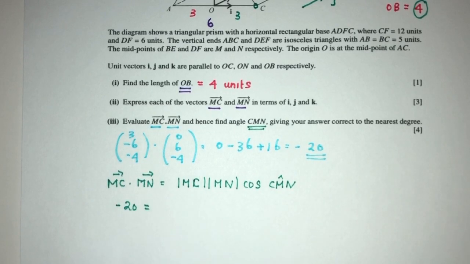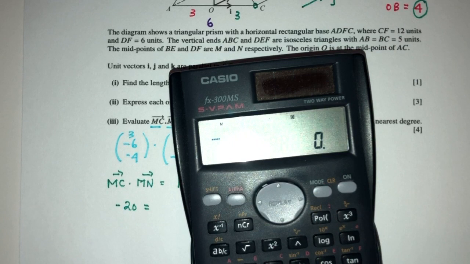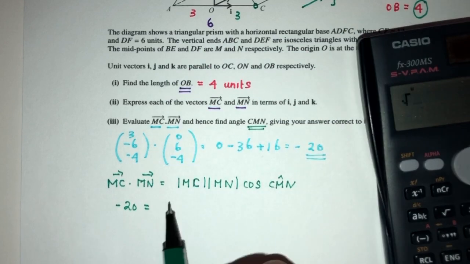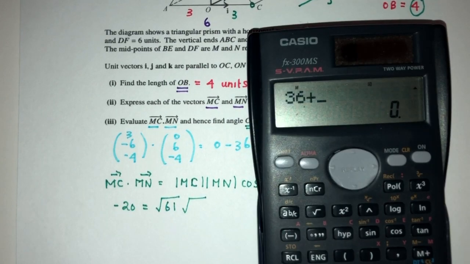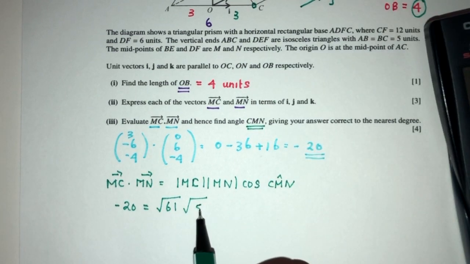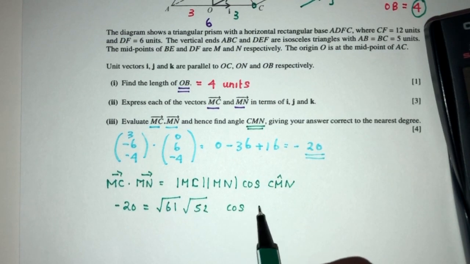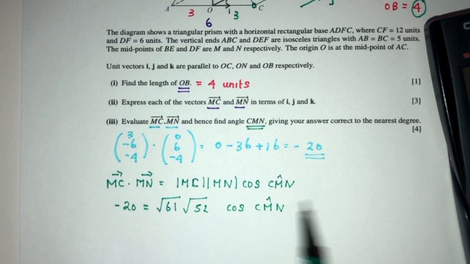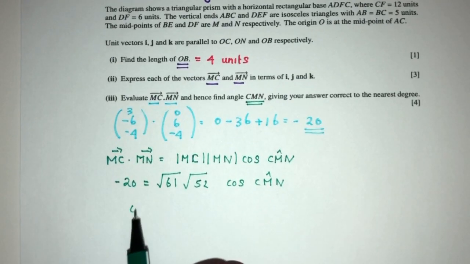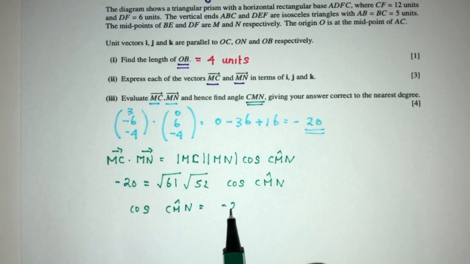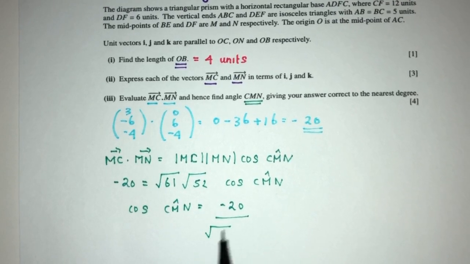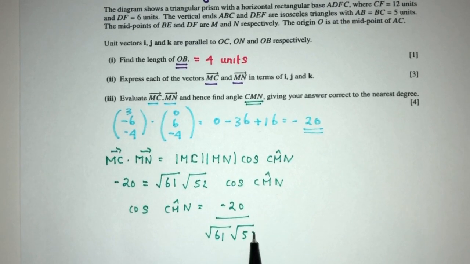And the magnitude is pretty easy. MC is this one, so that will be 3 squared is 9, plus 6 squared is 36, plus 4 squared is 16. That should be 61, so root of 61. MN should be 36 plus 16, that should be 52. Again, this is just a formula we use to find the length of vectors. Now cos of CMN is going to be minus 20 divided by root of 61, root of 52.